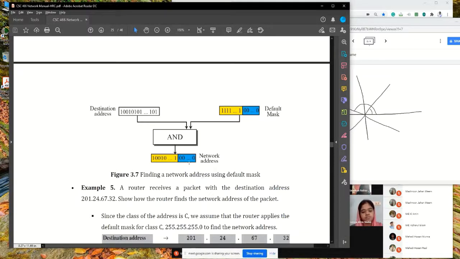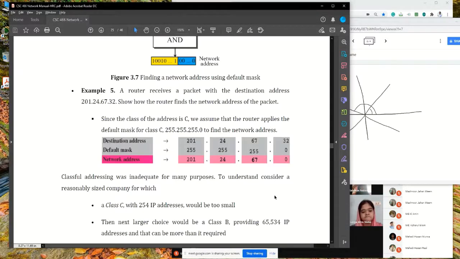You have to convert your IP address into a binary number, convert your mask into a binary number, and then combine them, and the result will be your network address. If you think about this address, this is our address, this is our mask, and if you combine them, we have our network address.